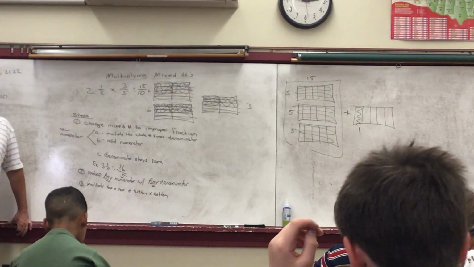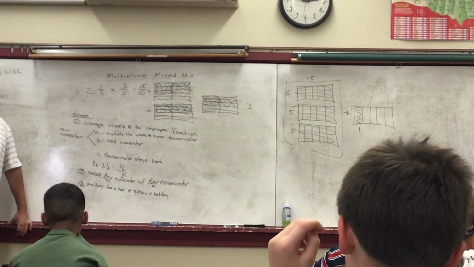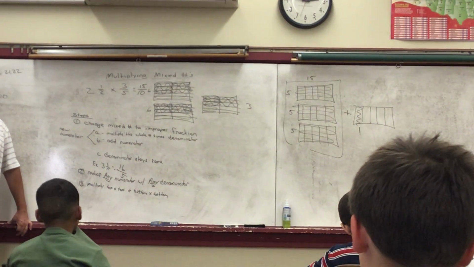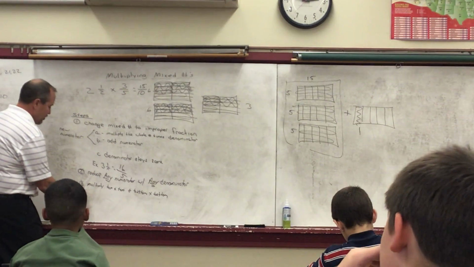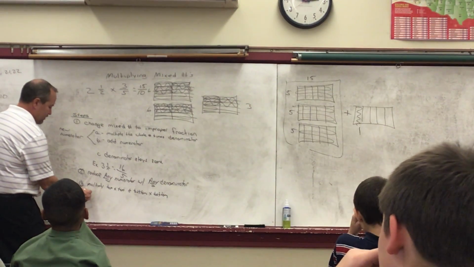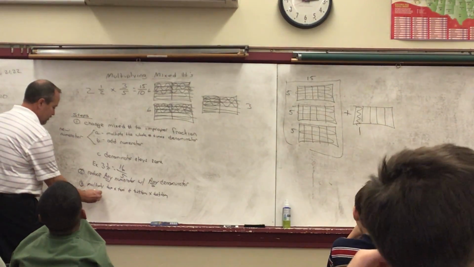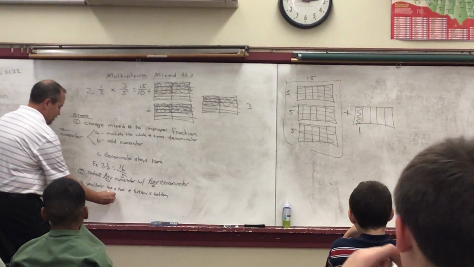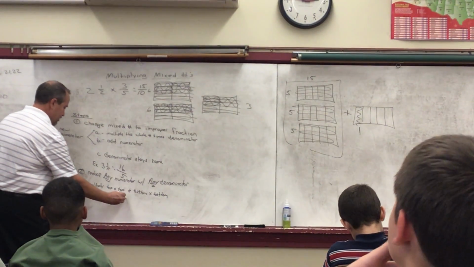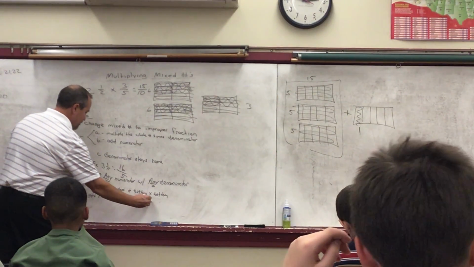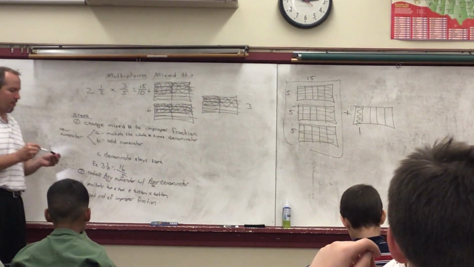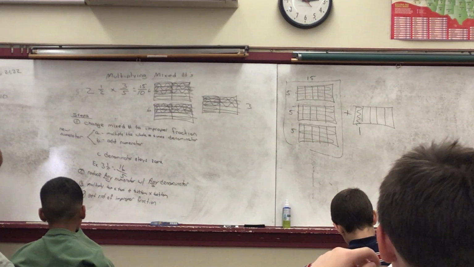And then the last thing, since we're multiplying with mixed numbers, there's a very good chance you may have to get rid of an improper fraction. We never leave our answers as improper fractions.